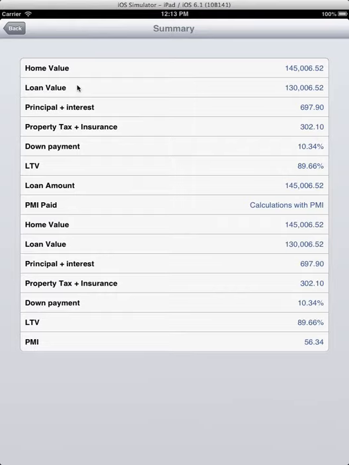So here is the home value 145,000, loan value is 130,000, down payment is 10%, and loan to value ratio is 89%. PMI needs to be paid, and here are some of the PMI calculations.